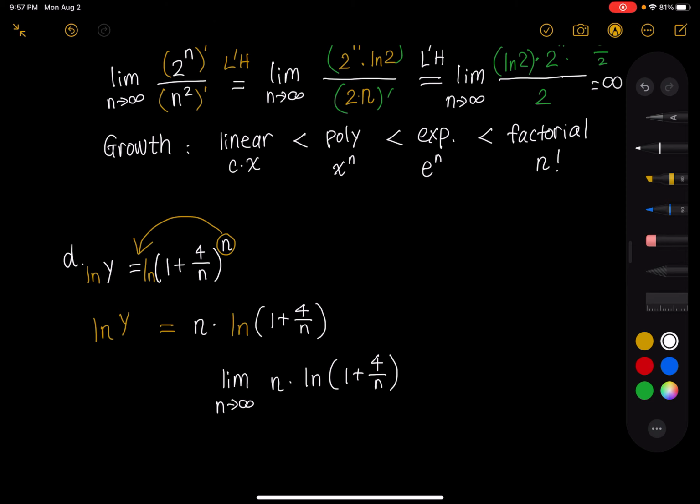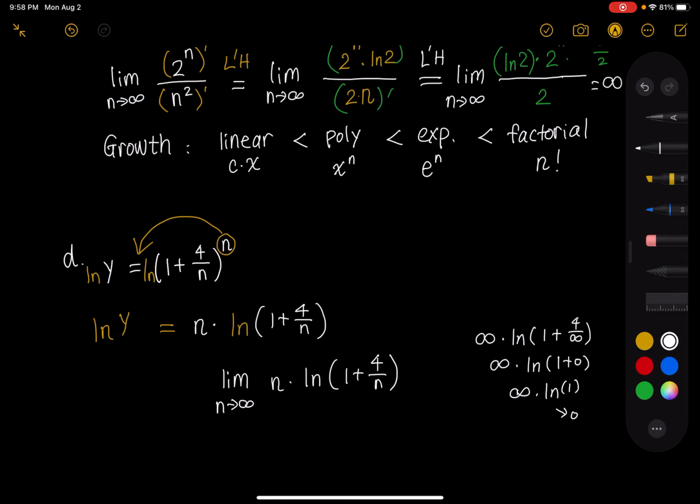If we do a direct substitution, we get infinity times ln of 1 plus 4 divided by infinity, which is infinity times ln of 1 plus 0, which is infinity times ln of 1, right? So ln of 1 goes to 0. So we have infinity times 0.